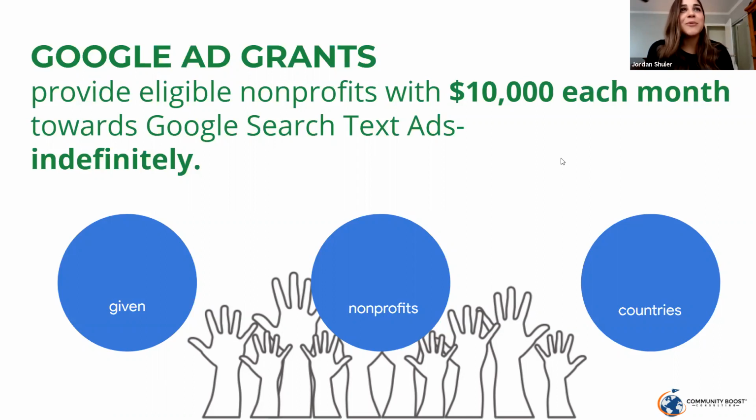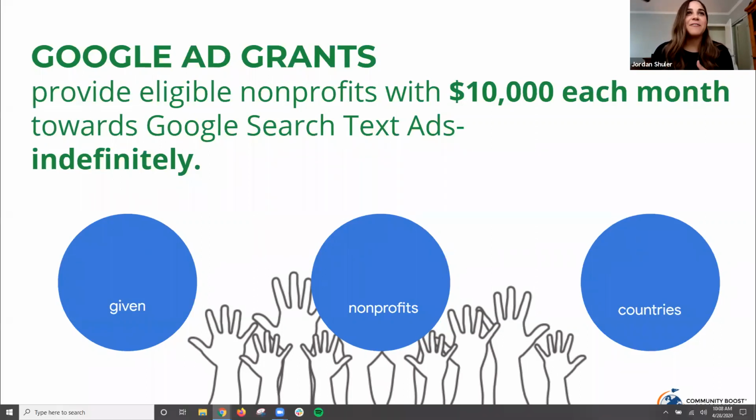But in general, it's really cool and incredible to see the impact that the Google Ad Grant has had for the nonprofit space in the 16 plus years that the ad grant has been around. $10 billion have been given in digital advertising funds to over 115,000 nonprofits in over 51 countries.